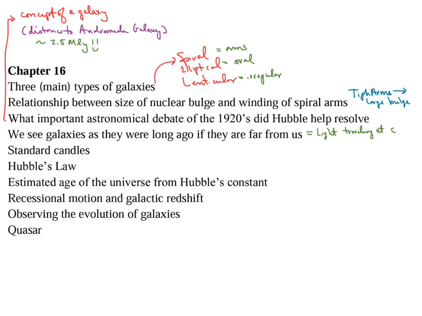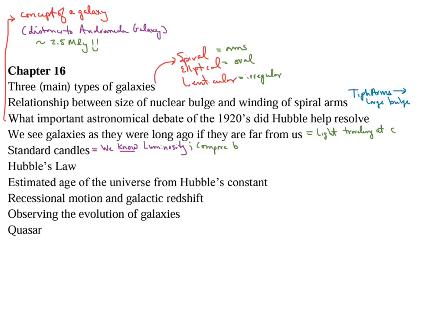So if you're looking at something like the Andromeda Galaxy, 2.5 million light years away, the light that we're seeing left 2.5 million years ago. Is that not cool or what? We're seeing it as it was 2.5 million years ago. It's aged that much, okay?